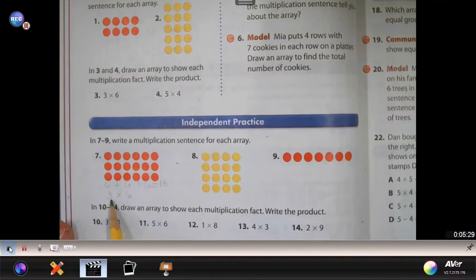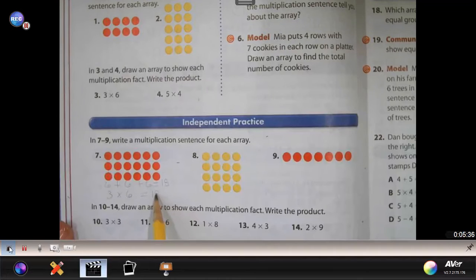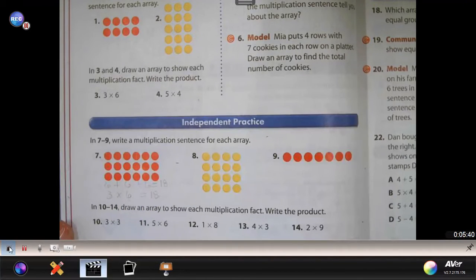So when I use my multiplication sentence, that would also provide me with 18. Now, of course, I could count each one of these individually, but again, that is not an efficient way to help you with becoming more fluent with your adding and your multiplication. So we want to get away from having to do that.